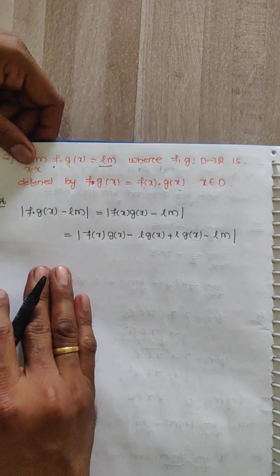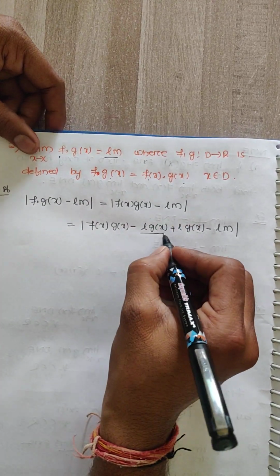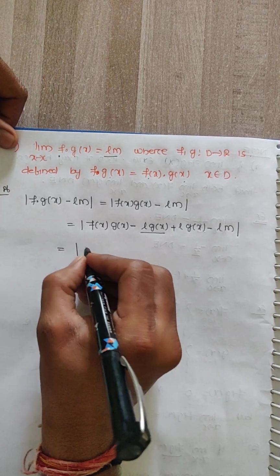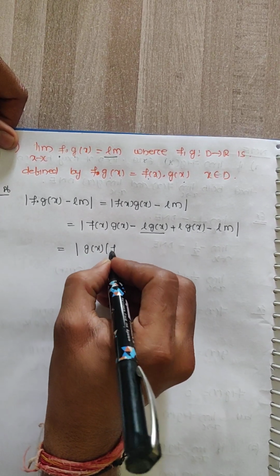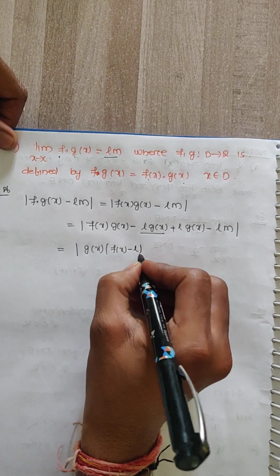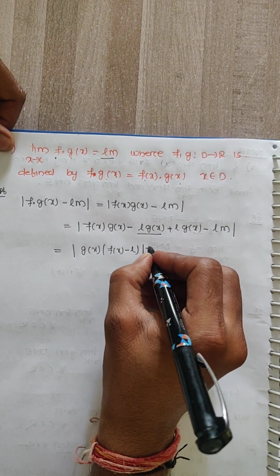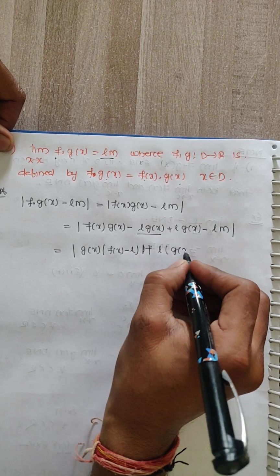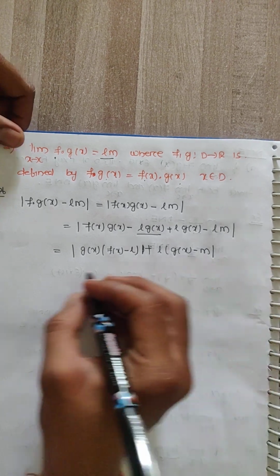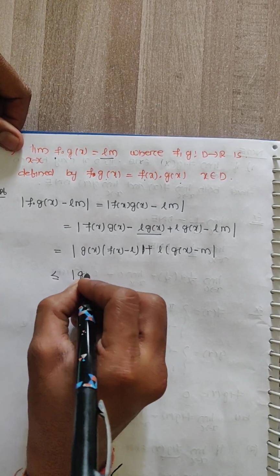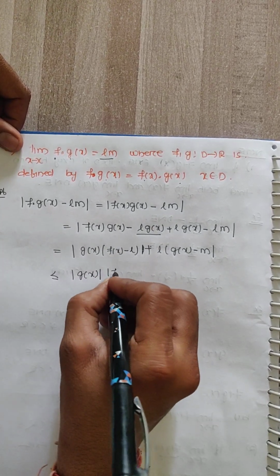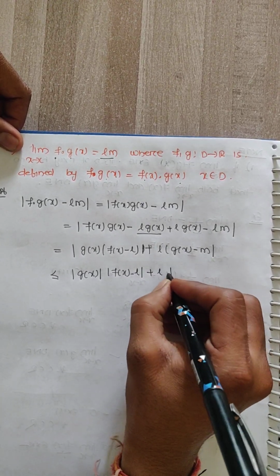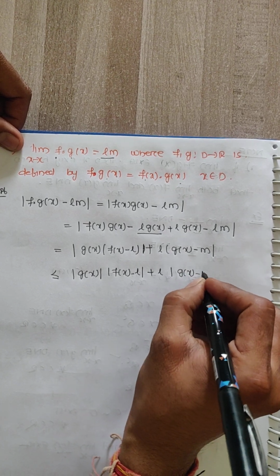I am just adding the term L into g(x) and subtracting it. Now g(x) is common, so this is nothing but g(x) into (f(x) minus L) plus L into (g(x) minus m). By the triangle inequality, this can be written as mod of g(x) into mod of f(x) minus L plus mod of L into mod of g(x) minus m.